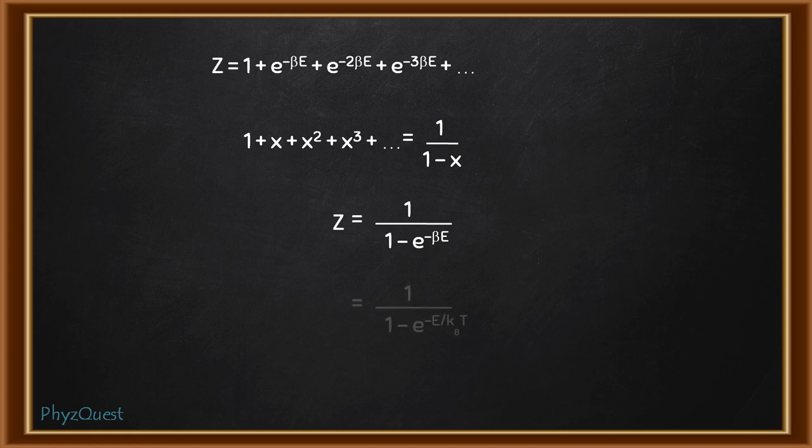And we can write the expression of beta also, which is 1 divided by kBT, where kB is the Boltzmann constant and T is the temperature. So ultimately the final expression is Z is equal to 1 divided by 1 minus e to the power minus E divided by kBT. Now we have to check the options.